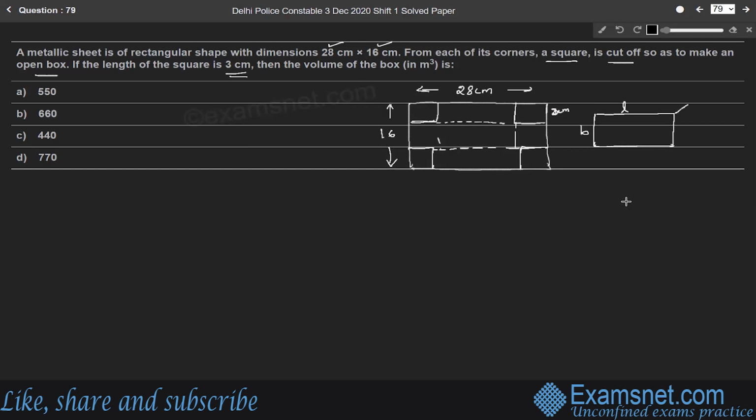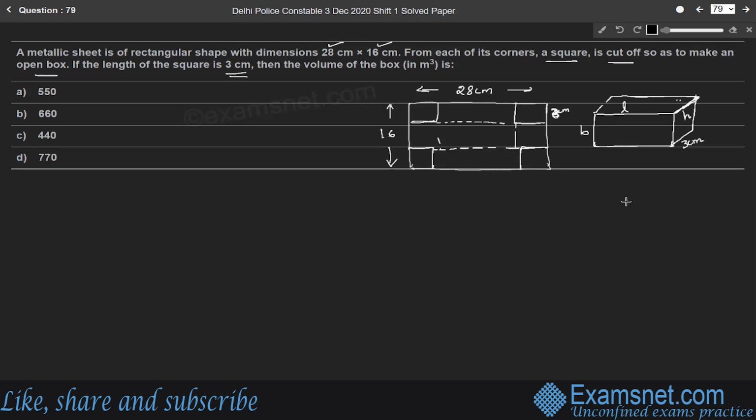When this cut portion is folded, you will get an open box like this, right? So this is the folded part, and it becomes height of the box, right? Height of the box. What is height of the box? So it is length of the folded cut portion, which is 3 centimeter. Therefore, height of the box becomes 3 centimeter.